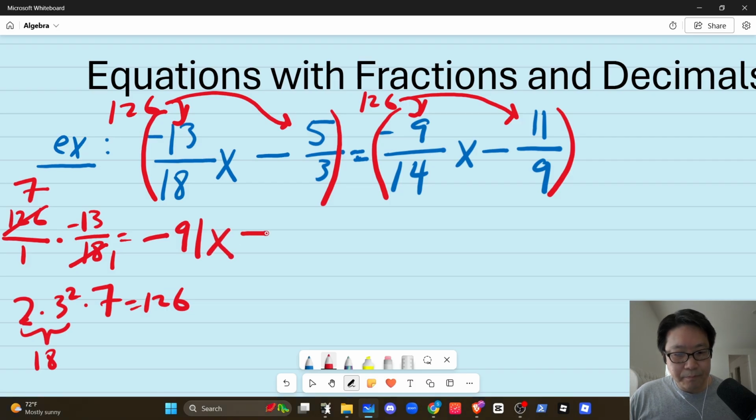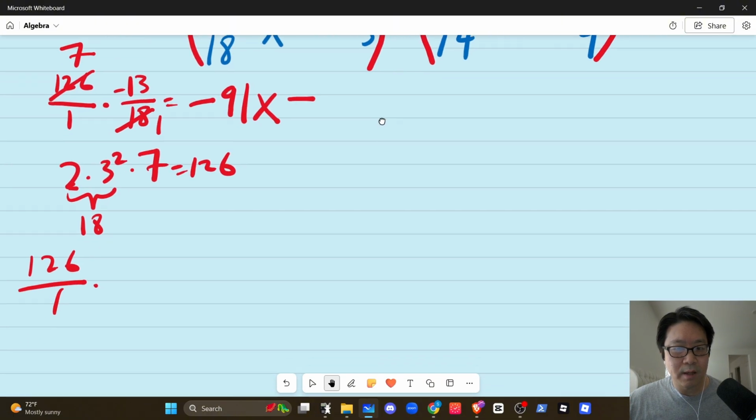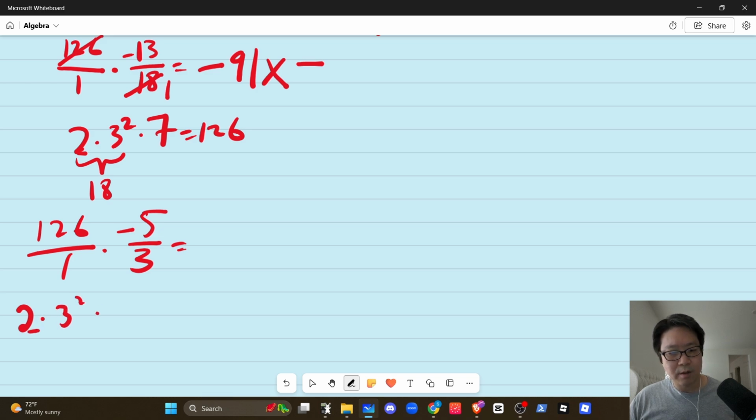minus, for the second term, we have 126. Move down a bit. We have 126 over 1 times negative 5 over 3. Okay. Once again, our factorization was what? It was 2 times 3 squared times 7.